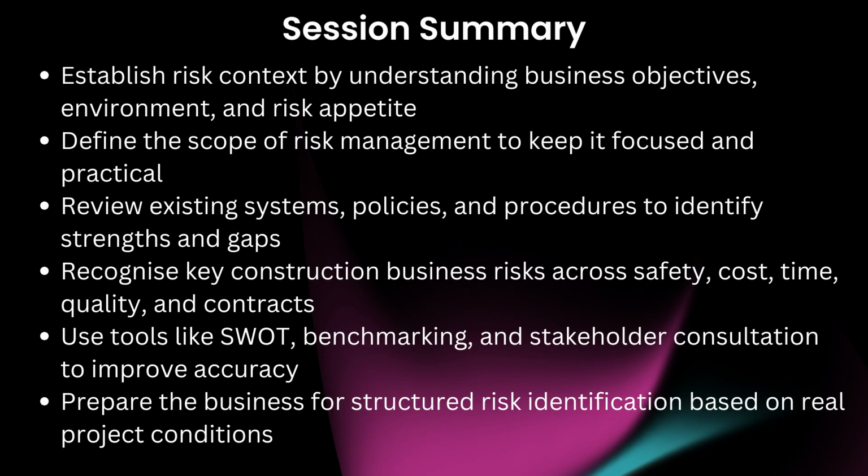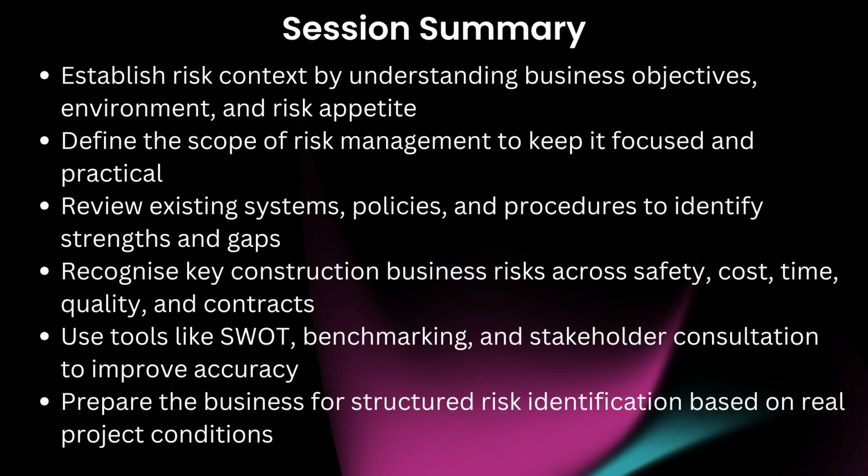In this session, we focused on the foundations of effective risk management in construction. We explored how to establish the risk context by understanding the business environment, objectives, and risk appetite. We defined the scope of the risk process to keep it practical and relevant to projects and operations. We reviewed current systems, policies, and procedures to identify strengths, weaknesses, and existing controls.